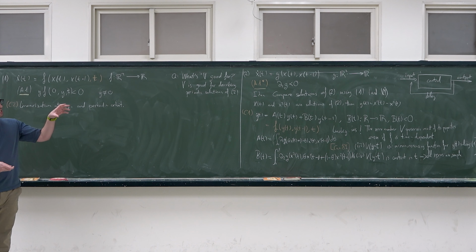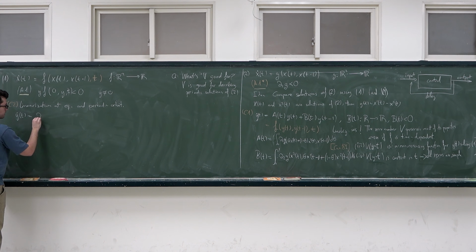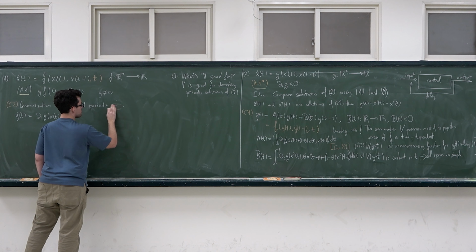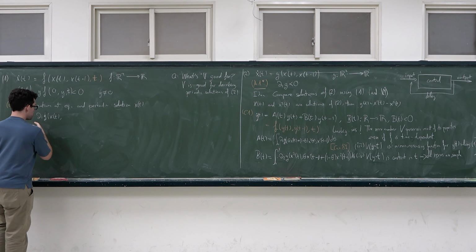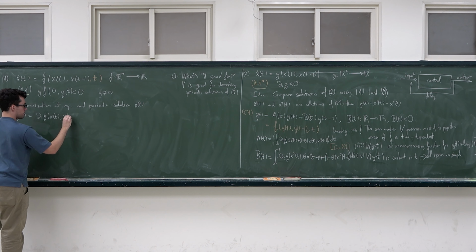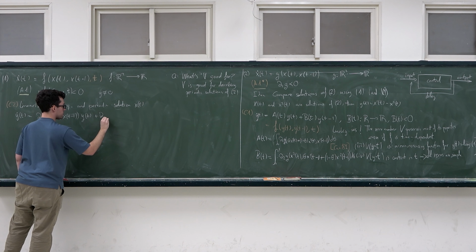Now, what's the linearization of this equation 2 at, for example, an equilibrium? Well, one can prove that the linearization is given by differentiating f in the first component, or for a periodic solution x of t, by differentiating g in the first component first, and then differentiating in the second.